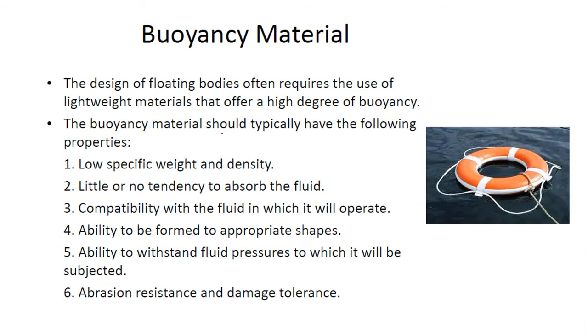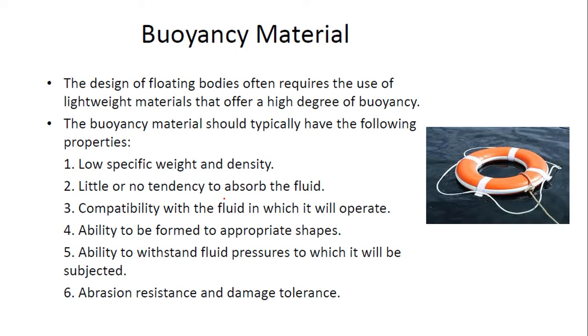Okay, so buoyancy material, this is only for your information, facts. Normally whenever we want to design or make any buoyancy material, people will choose material with low specific weight and density, so not too heavy, so that they are not sinking. The density is lower than the fluid.